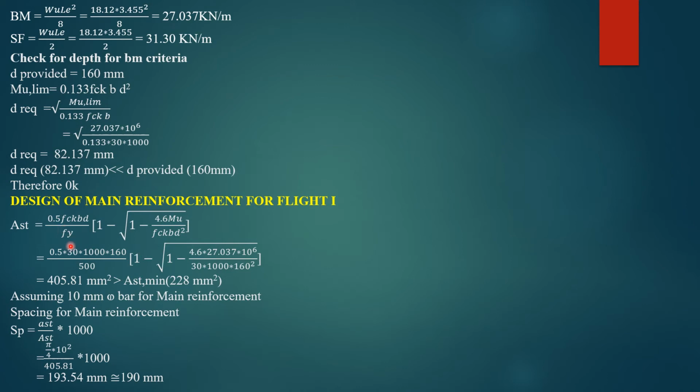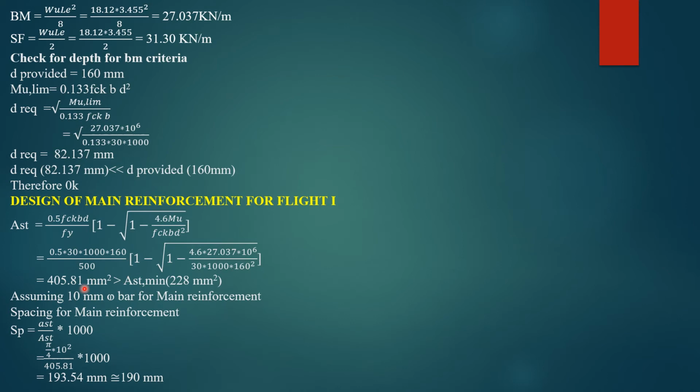Everything we know: FCK is 30, B is 1000 mm as we are designing for 1 meter width, D is 160 mm since the depth provided is safe, and Fy is 500. MU is 27.037 into 10 raised to 6, divided by 30 into 1000 into 160 square. So the AST we got is 405.81 mm square.